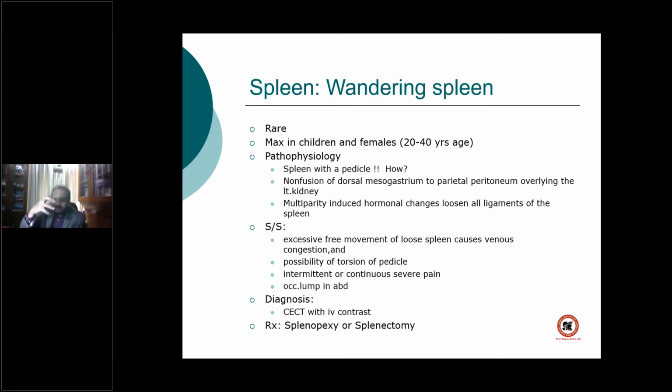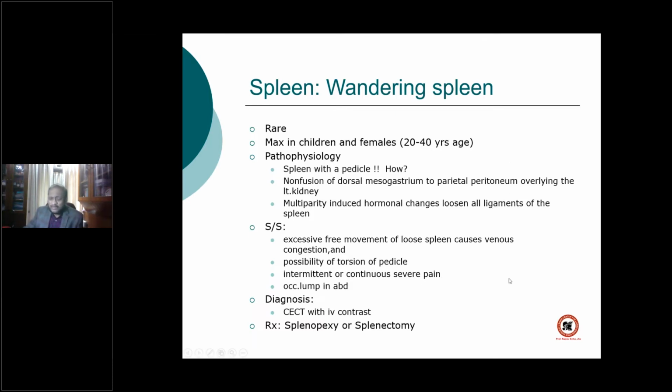So now the spleen has a large splenic hilum and a large splenic pedicle. That's one. Number two, multiparous females, because hormonal changes have loosened all the ligaments. So in these two scenarios, you can have a patient with a long pedicled spleen, known as the wandering spleen, most commonly seen in children and females in the age group of 20 to 40 years.